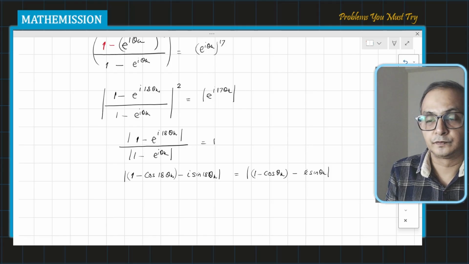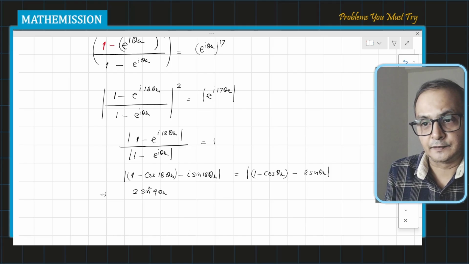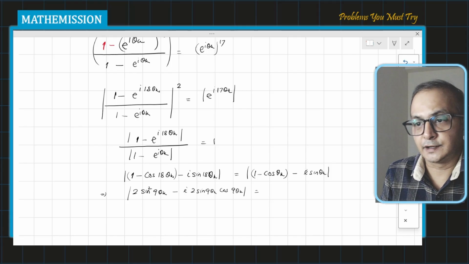Now this one I'm writing as 2 sine squared 9 theta k, and this as 2 sine 9 theta k cosine 9 theta k. In the same way I'm writing this as 2 sine squared theta k by 2, and this as 2 sine theta k by 2 into cosine theta k by 2.